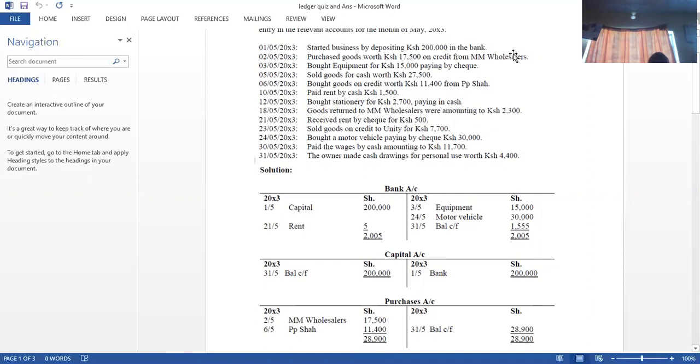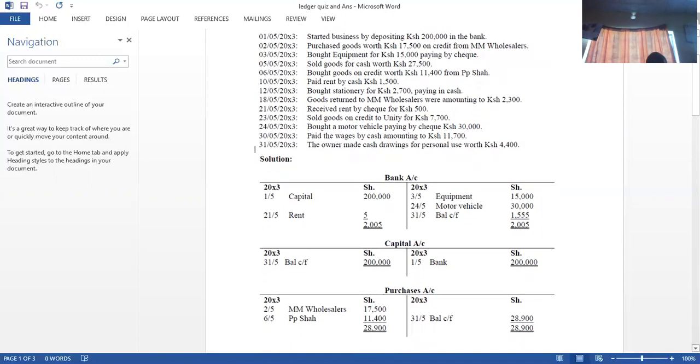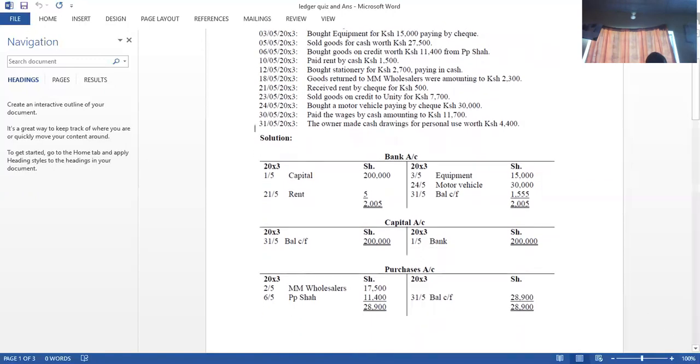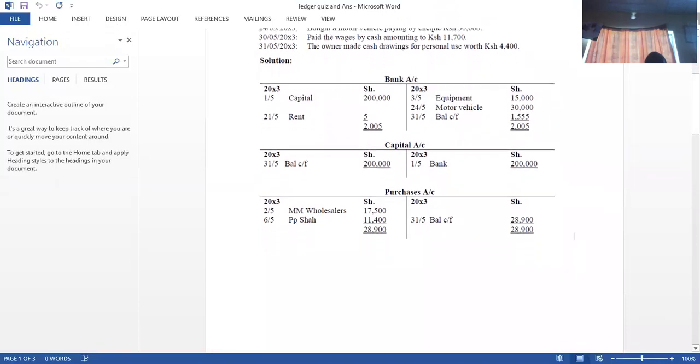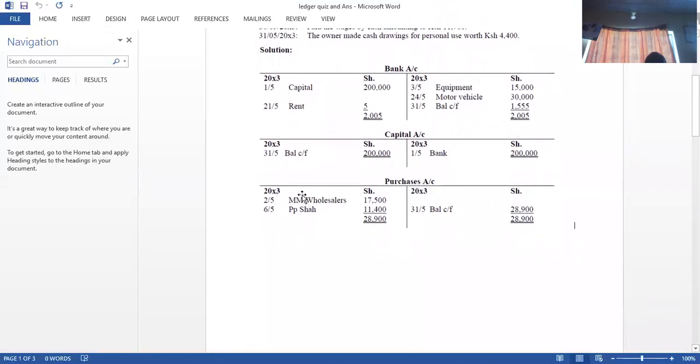Remember, anytime we buy goods from a supplier on credit, that supplier is normally a creditor. So wholesalers, in this case, is a creditor or a liability. And anytime liabilities are increasing, they are normally credited. So if you confirm here, you will find that purchases is debited by wholesalers 17,500, that is 0205.